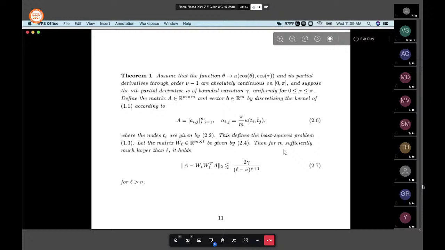What this theorem says is basically that when the kernel of the integral equation is smoother, the approximation of A by this projector times A is better. So basically the Chebyshev methods work better on more analytical functions.